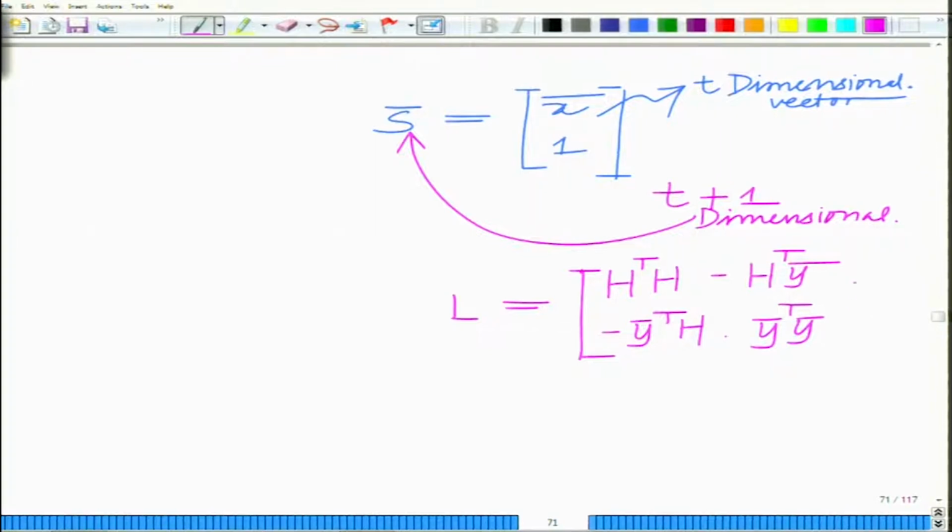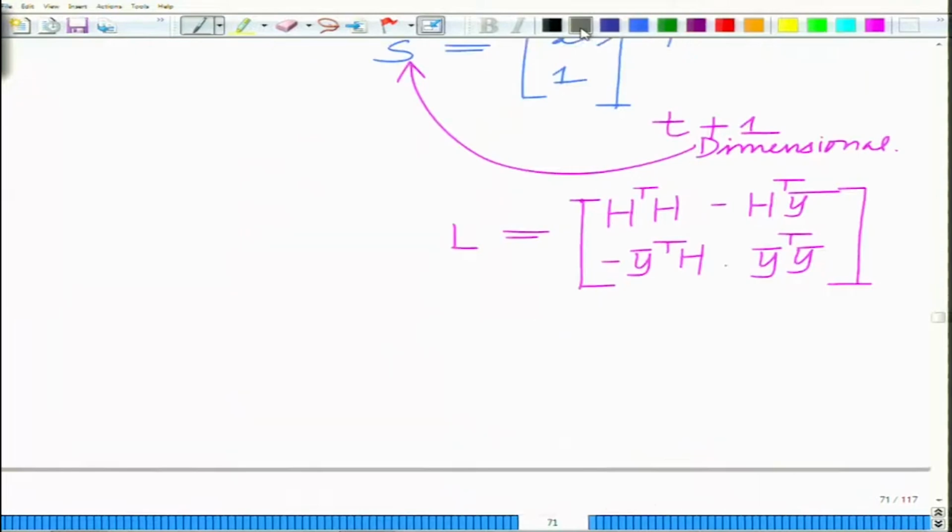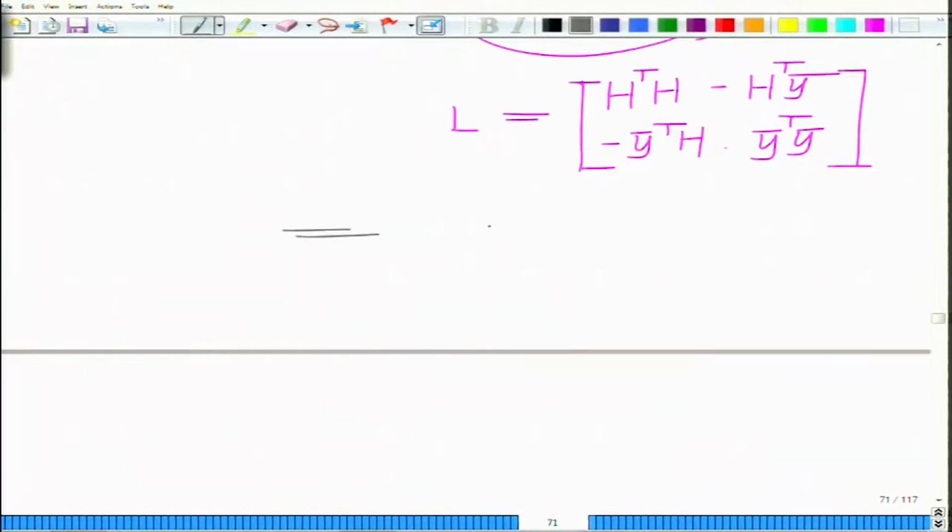Therefore, if you look at this, this is S bar transpose L into S bar.